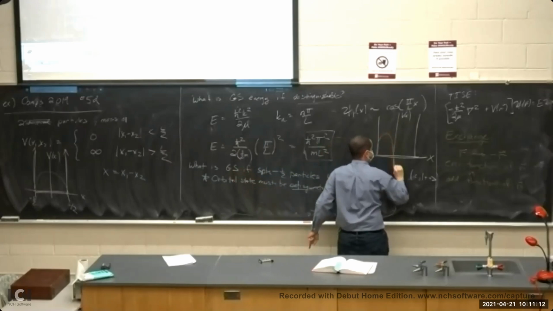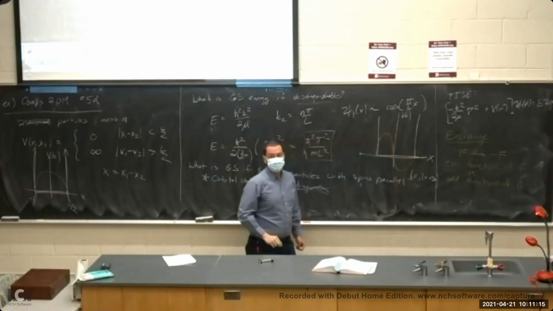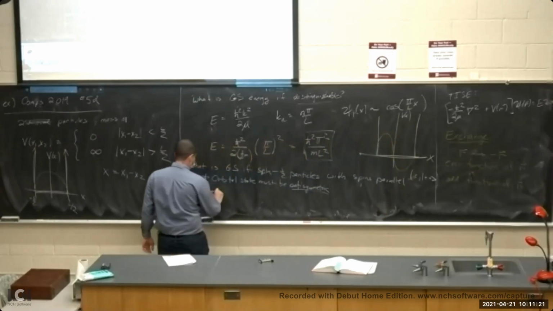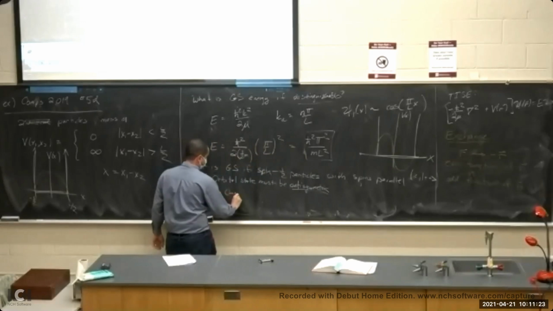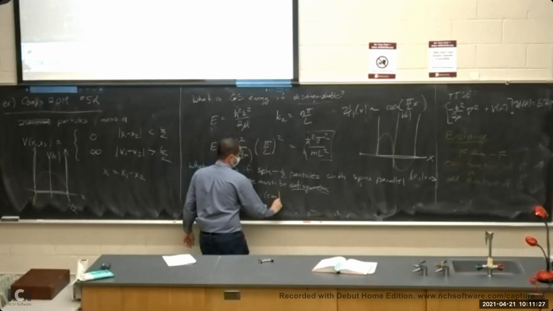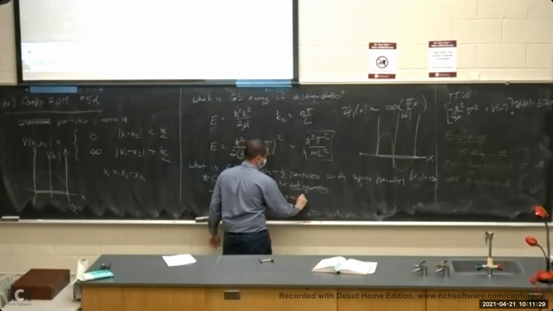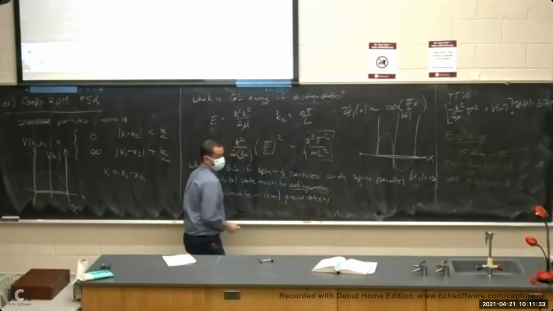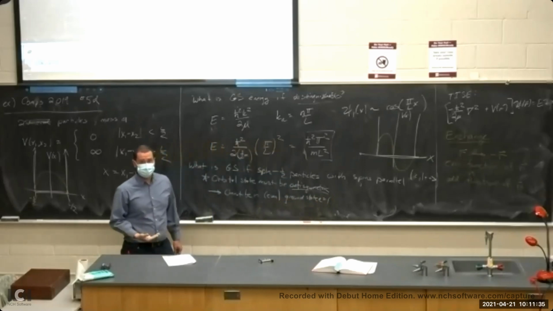So now I have to go to the next excited state, the n equals 2 state, which is anti-symmetric under r goes to minus r. So this requirement means that I cannot be in the even ground state. Did I hear a question?